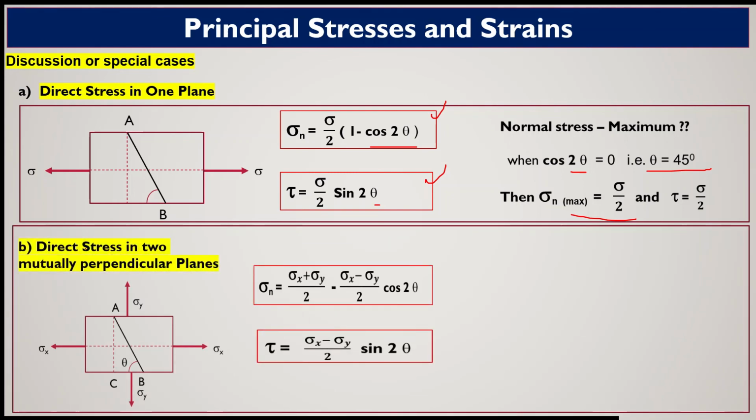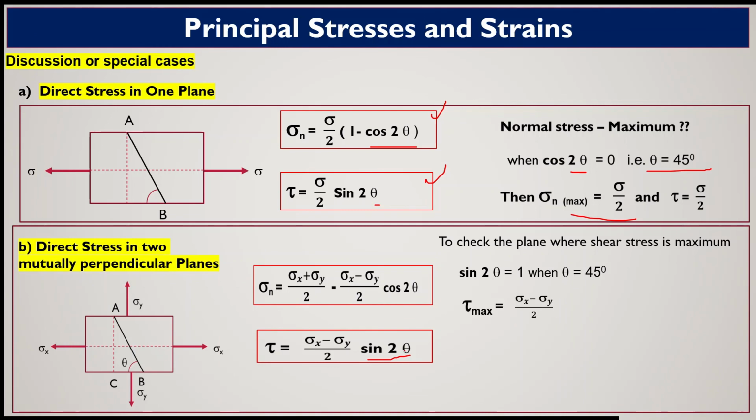Now when direct stresses are acting in two mutually perpendicular directions, we got these two formulas. Again we have to find out where tau will be maximum. Tau will be maximum when sine 2 theta is maximum. To check the plane where shear stress is maximum, sine 2 theta is equal to 1, then theta is equal to 45.